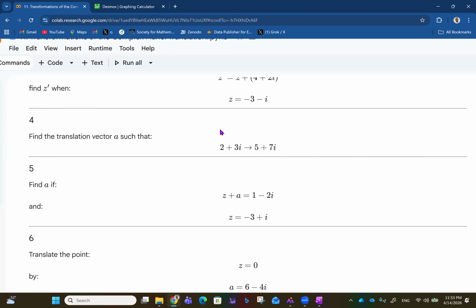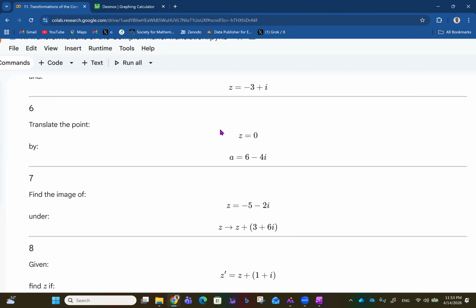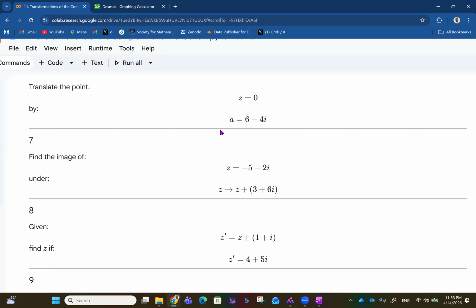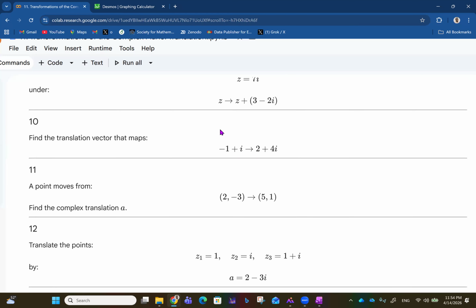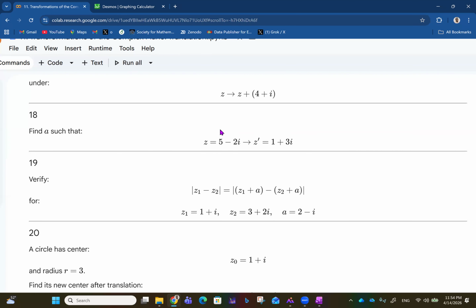Let me see the ones I'll be solving here. So these are the problems we have going on in all of these places.